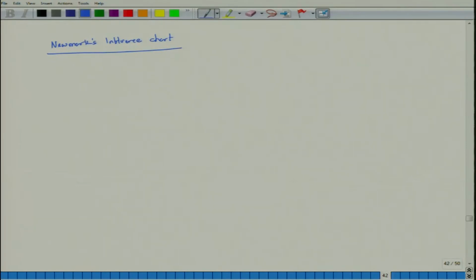However, for Newmark's chart, if you look at for Newmark's influence chart, Newmark's has been given to find out vertical stress under a uniformly loaded area of other shapes.